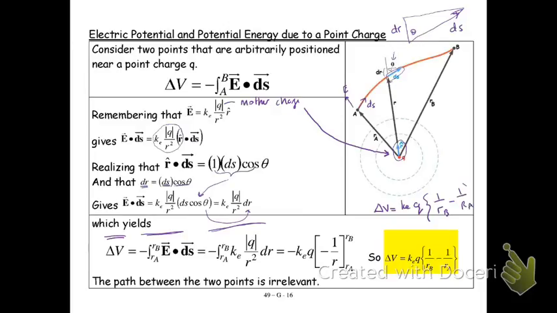Now, I'd prefer to use R final minus R initial, just so that there's no mistake about that. They're using B and A, but I prefer to use R final minus R initial.